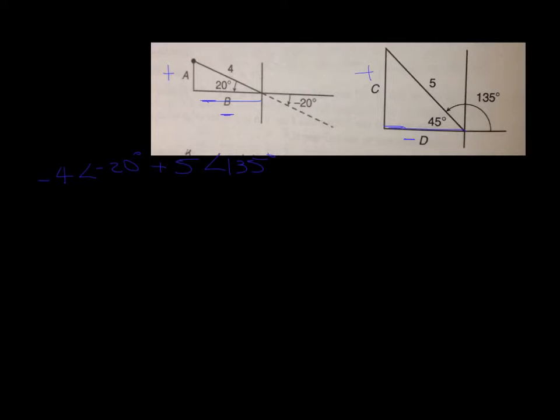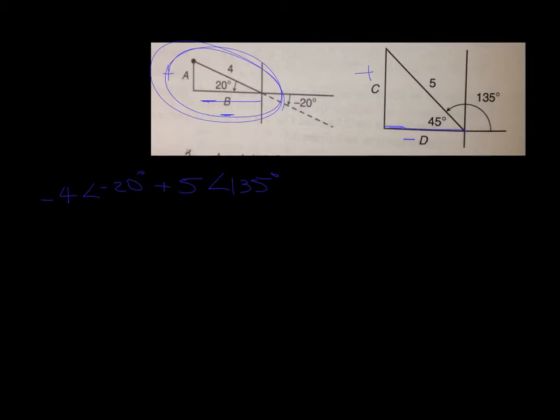In order to add these, I've got to switch them to rectangular. I can't add them when they're in polar. I can add them when they're in rectangular. So I've got to switch both of these to rectangular. Let's take this one, and I have to find a and b. To find a and b, you use sine and cosine.